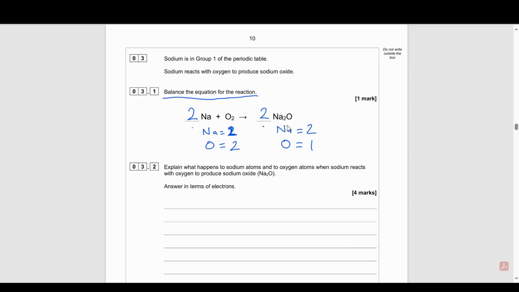So what does this mean now? Well, for our oxygen, it's going to be 2 multiplied by 1 oxygen atom, so that means that it will be 2. However, we have to then multiply it by how many sodium atoms we have. There are 2 sodium atoms originally, but multiplying it by 2, that means we now have 4 sodium atoms on our product side.